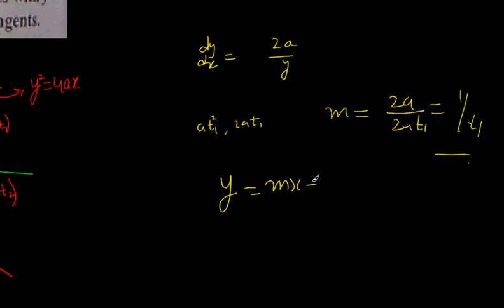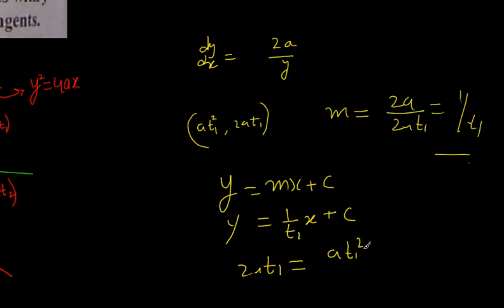So m is equal to 1 by t1, and y is equal to mx plus c. You have y equal to x by t1 plus c, and this line is passing through (at1 square, 2at1). Just put 2at1 equal to at1 square by t1 plus c.